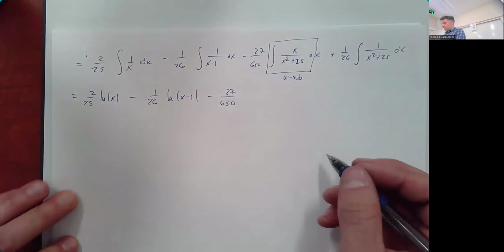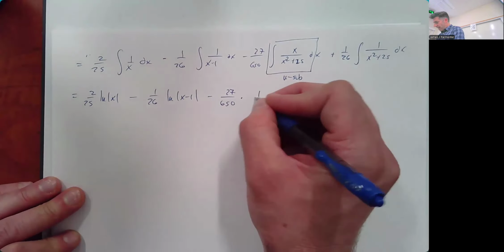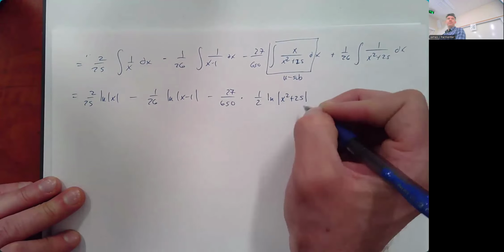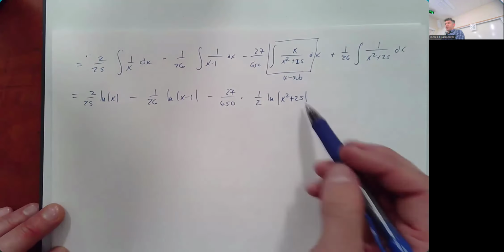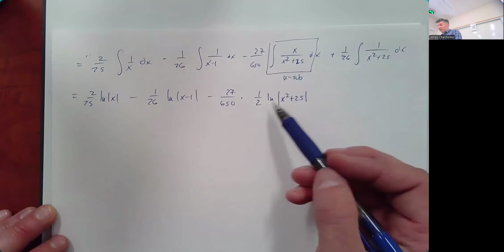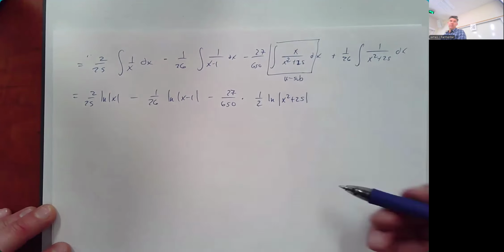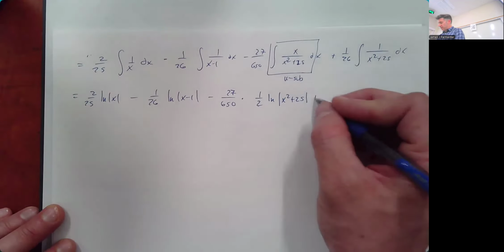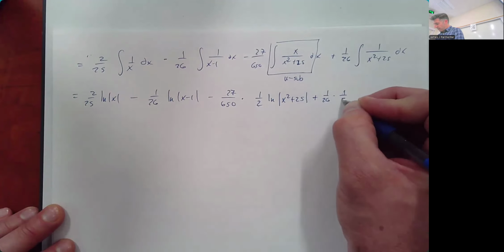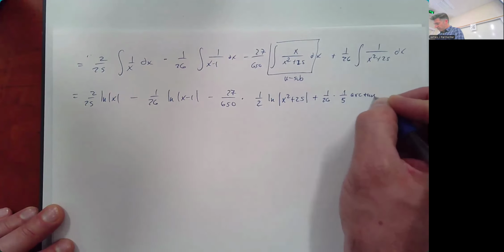And you'll end up getting 1/2 the natural log of the absolute value of x squared plus 25. Because the derivative of this is 1/(x squared plus 25) times 2x, and then the 1/2 cancels the 2 to give you just an x. And then this part's going to be the arctangent one. This is going to be 1/26 times 1/5 arctangent of x/5.